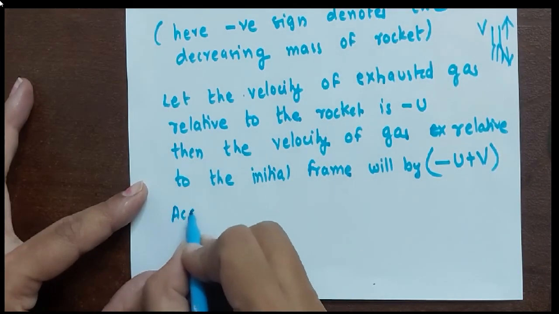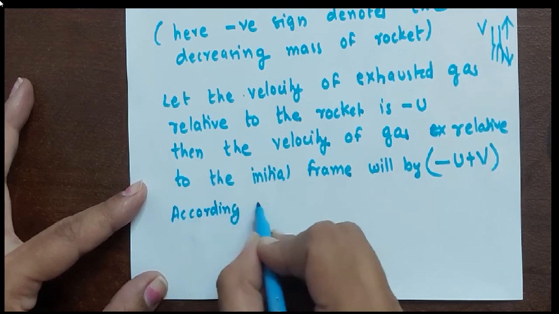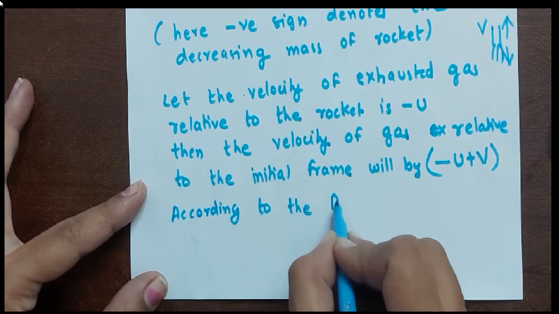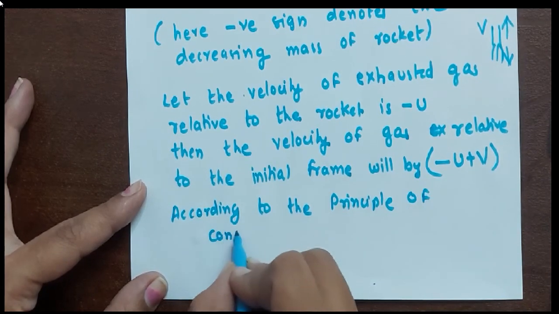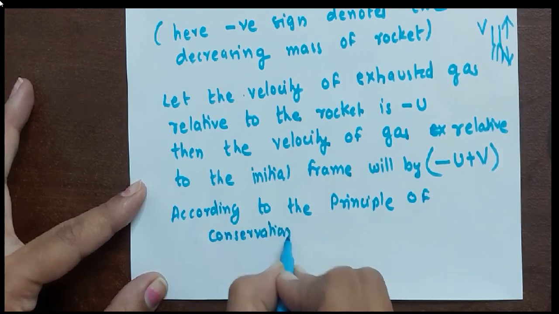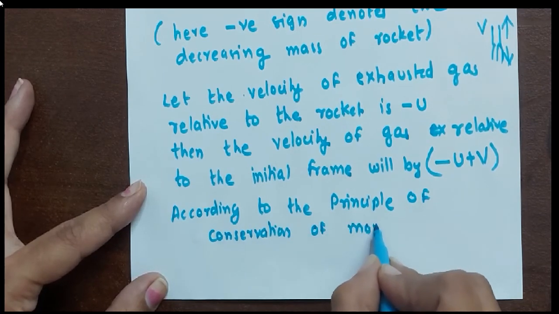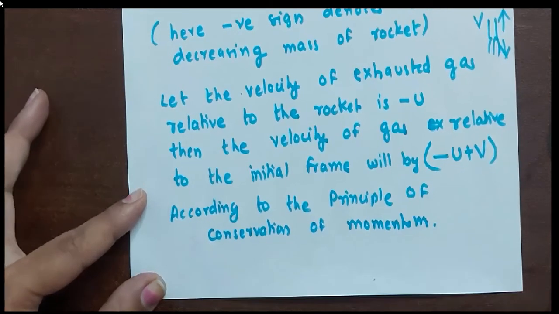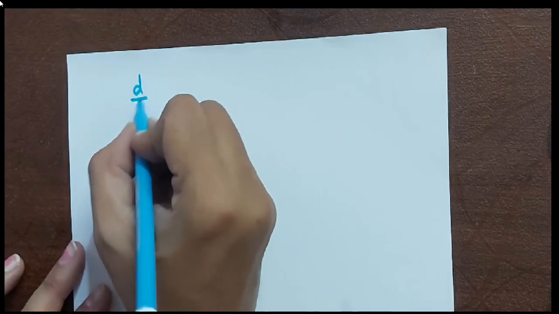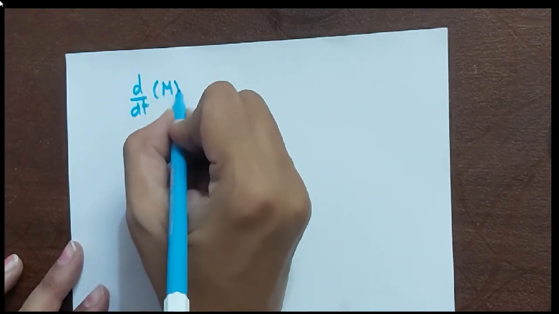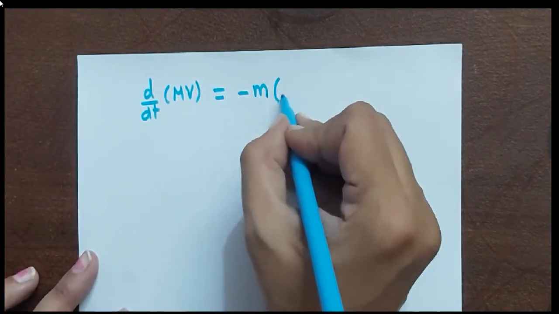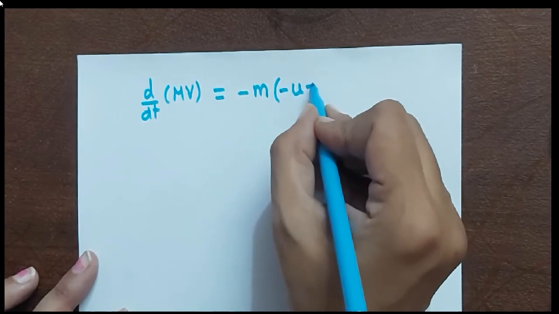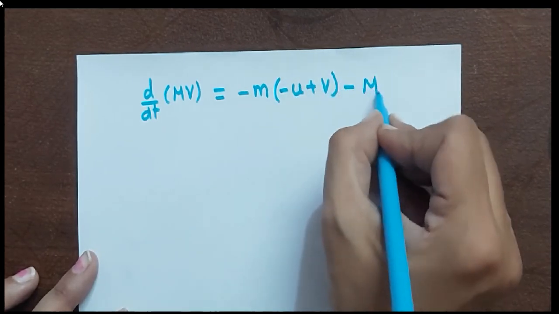According to the principle of conservation of momentum, d/dt of M into v, the momentum, is equal to minus m times the relative velocity, minus u plus v, minus Mg.